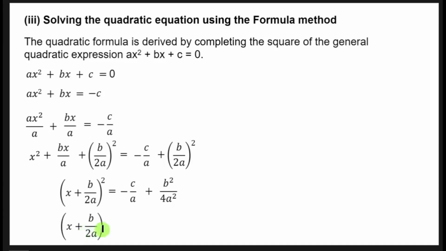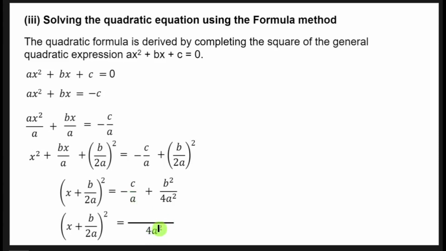Then from here, collect this one is equal to, now what we are going to do here, it is now to add. So we are going to add this as a fraction as it is. So the common denominator here between a and 4a squared is 4a squared. So get 4a squared as a common denominator. Then we'll say a into 4a squared, it will go there how many times? 4a.